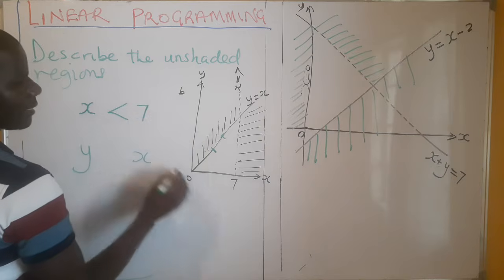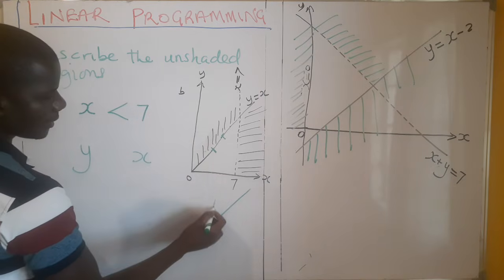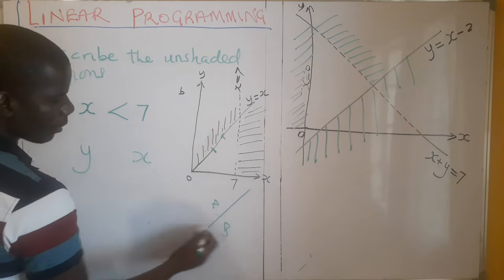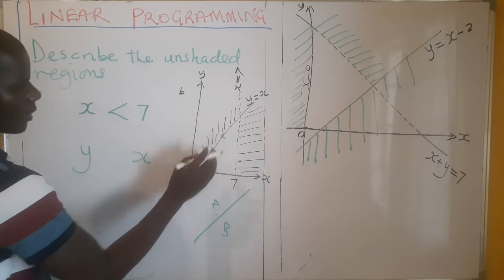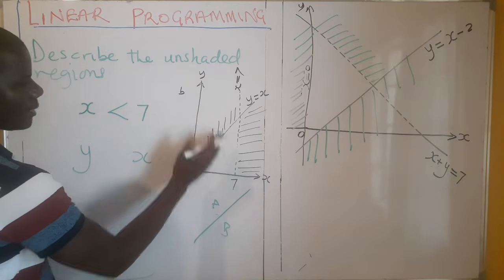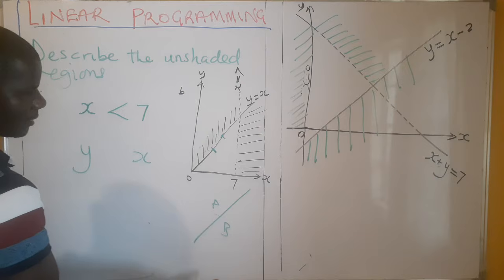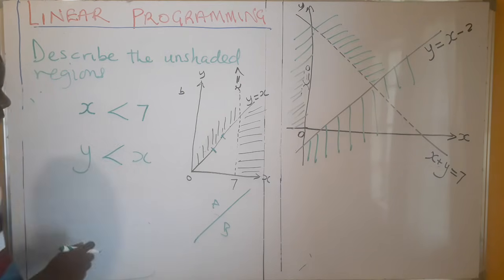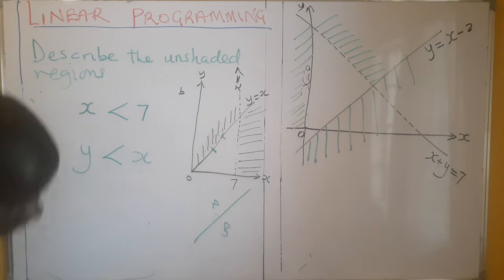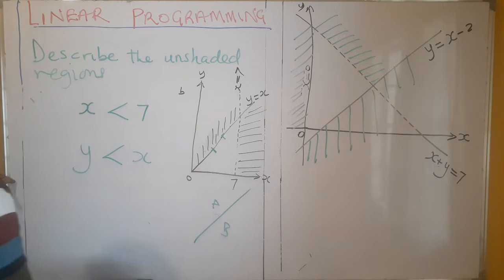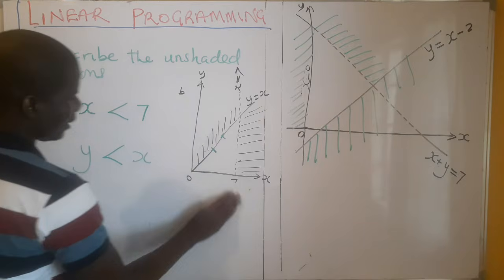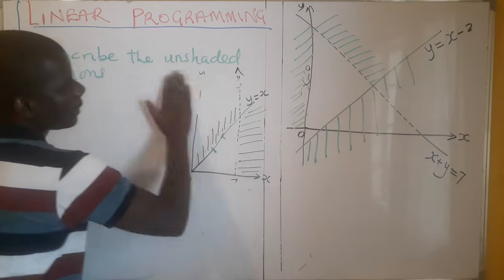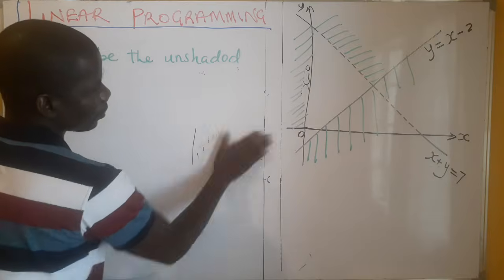When you have a line like this one here, the upper region is greater than the lower region. So the region that we want here is below. So it is less. So we're going to have y is less than x. So these are the inequalities that we need for this one.